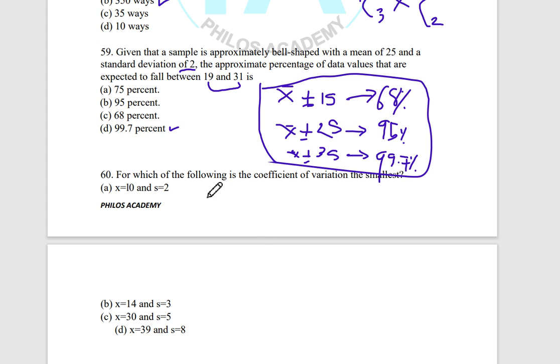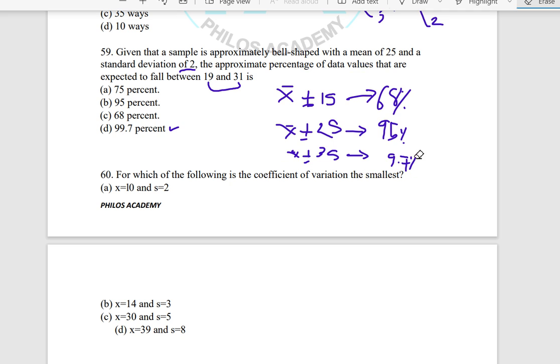Then let's look at question 60. Let me clean this place so that you can see clearly. Question 60 says, for which of the following is the coefficient of variation the smallest?